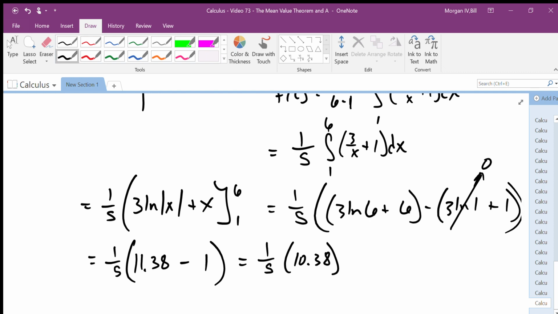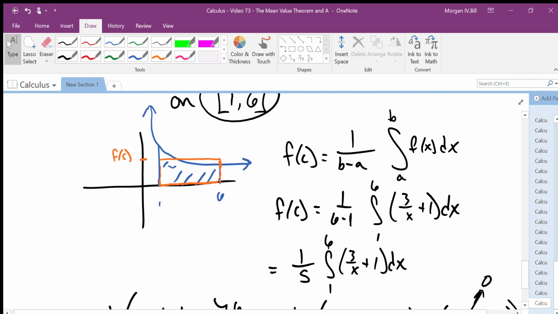Multiplying that out, I get about 2.08, somewhere about there. What that means is, on this particular curve, f of c would need a height of about 2.08 to have a rectangle with the same area as the area under the curve.